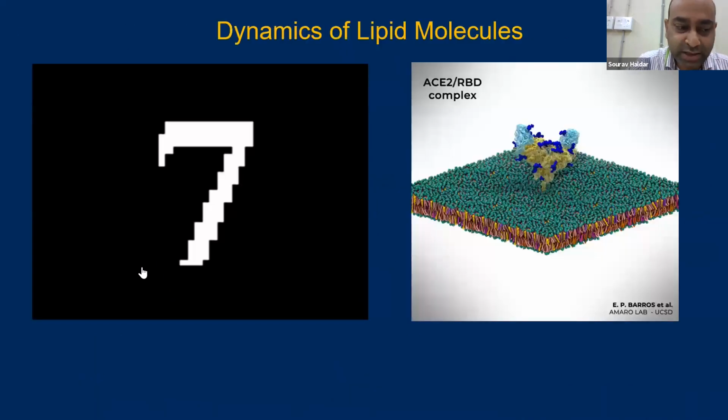Now, I just want to give you a glimpse of lipid dynamics through two very simple movies. Most of the time, although we know that the lipid molecules are dynamic, we cannot appreciate it because to us they appear as static, right?